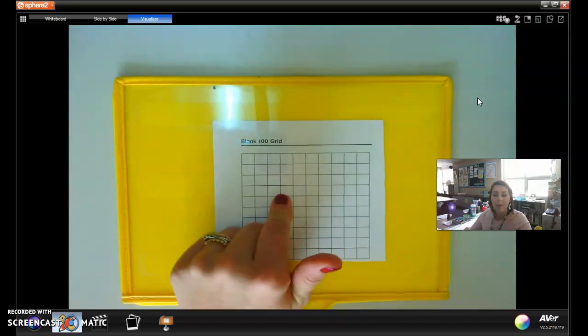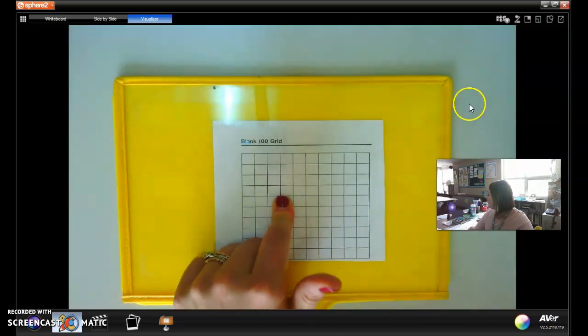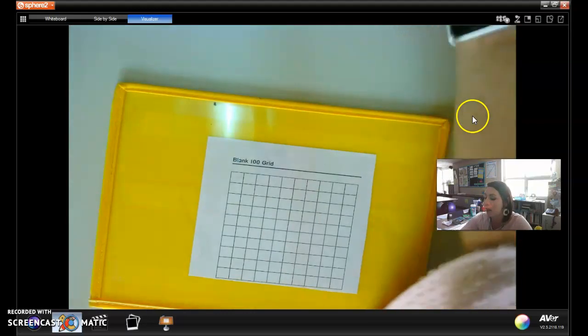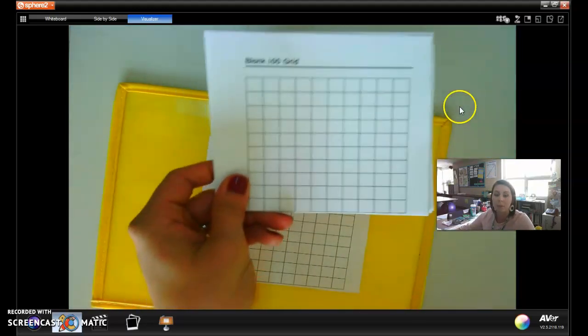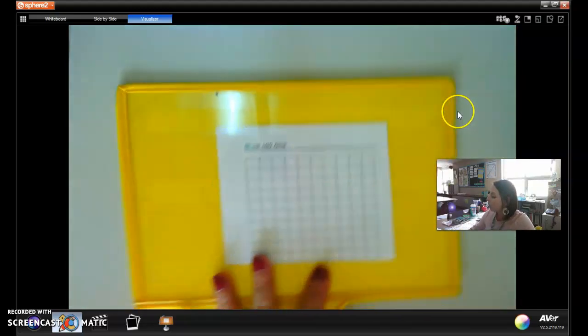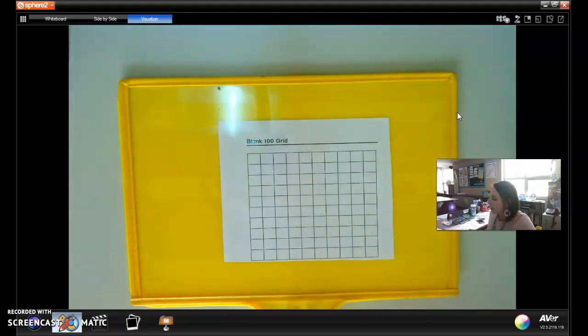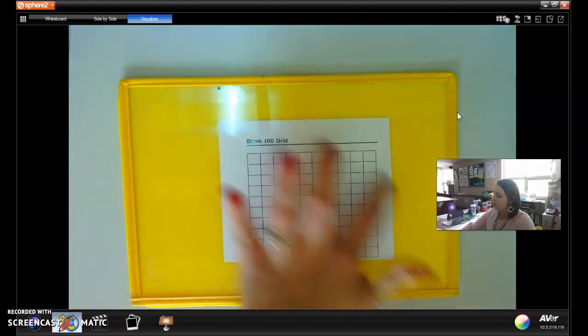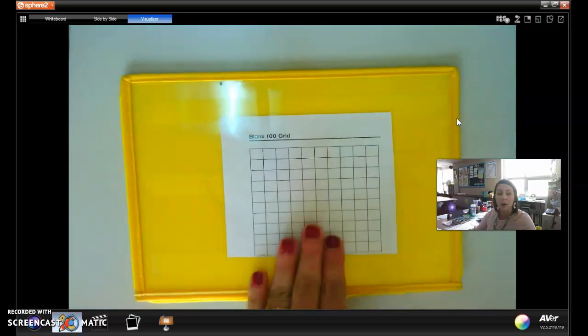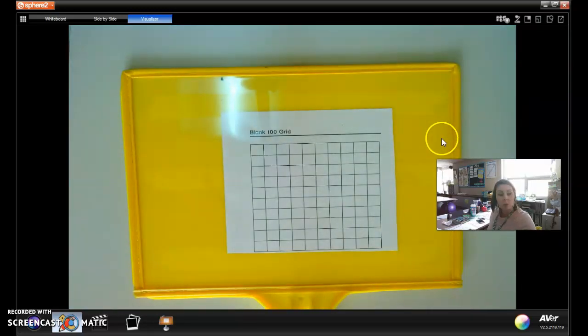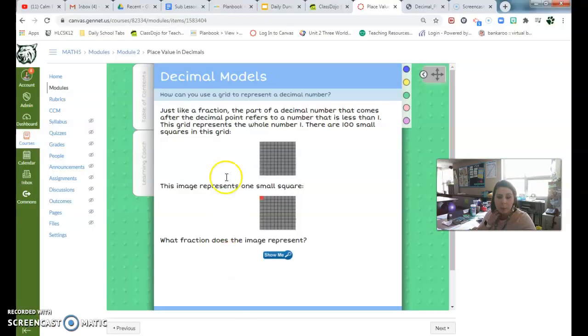If you do not have a blank 100 grid on it, feel free to give the extra cutouts to students to put in their clean slates. We're going to be identifying different decimals visually with our 100 grid. So make sure you have this with you. And we're going to be talking about how those decimals are represented on grids.